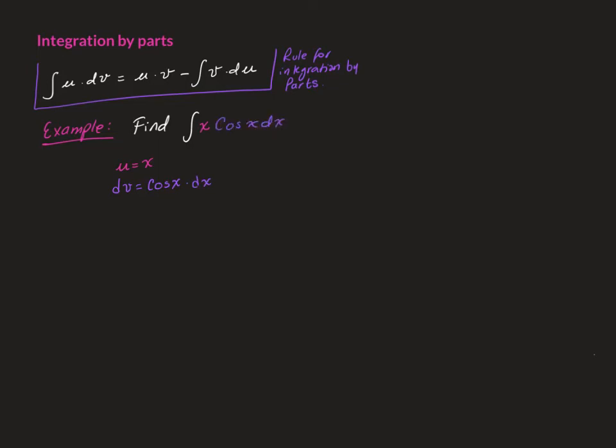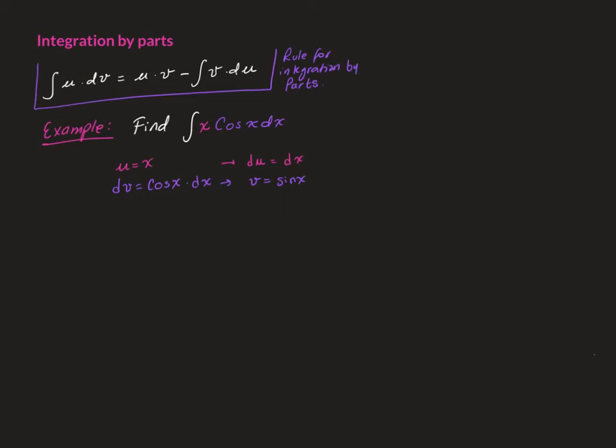Now, in order to get du, I need to differentiate u. So I'm going to get du is equal to 1 dx. And if I want to get v, then what I have to do is integrate cosine of x, which we know is sine of x. So v is going to be sine of x.